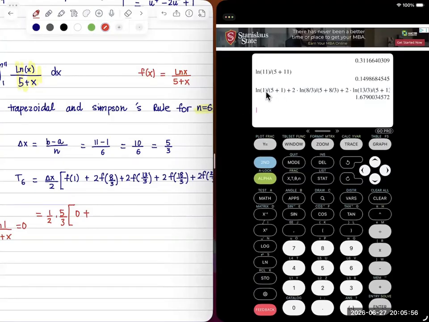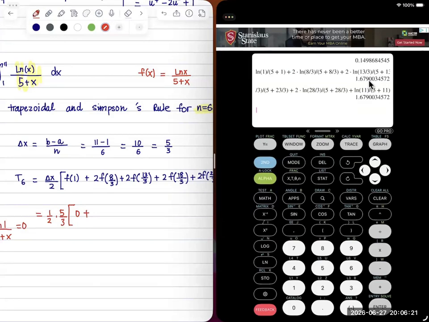If you can get everything together, like what I'm typing here, all at the same time, then you will avoid a lot of rounding error. If you can see, I'm typing all of the function in here, and then the answer is 1.679, and then I have to multiply by 5/6.